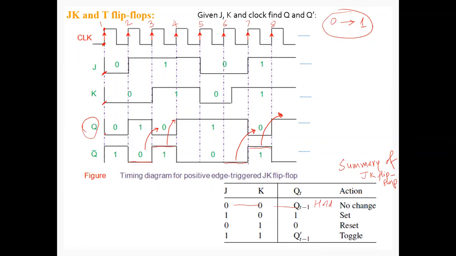Meaning, if you had Q equals 0 in the beginning, then it stays 0 until you see the second clock trigger. So this will stay low. At this point, what is your J? J is 1, K is 0. When 1 and 0, what is your state? Set, meaning 1. That's why from 2 to 3, you get 1.